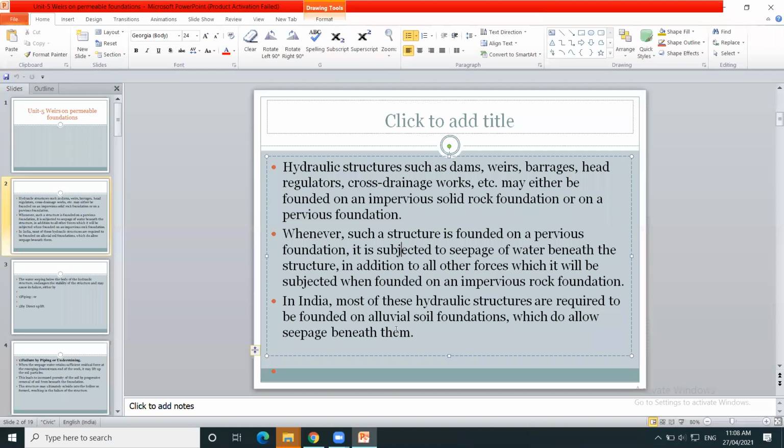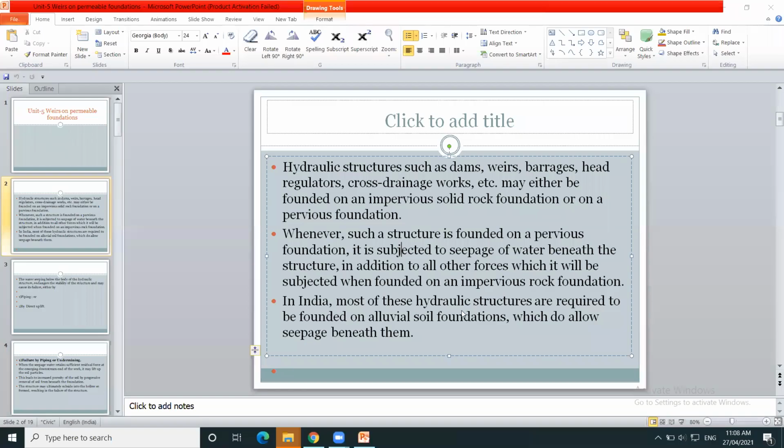Any type of dam, whether gravity dam, earthen dam, or arch dam, may be founded on alluvial soil. So seepage will occur. This alluvial soil foundation allows seepage of water beneath the dam structure, beneath the hydraulic structure.